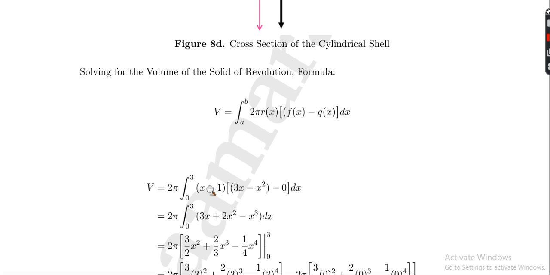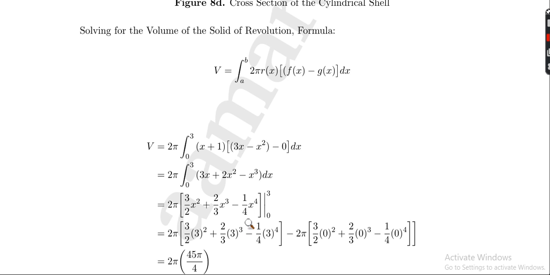Okay, now let us evaluate the integral. So upon multiplying these two binomials, we have 3x minus 2x squared minus x cubed. And then integrating these terms, we have 3 halves times x squared plus 2/3 times x cubed, and then minus 1/4 times x to the 4th multiplied by 2 pi, evaluated from 0 to 3.